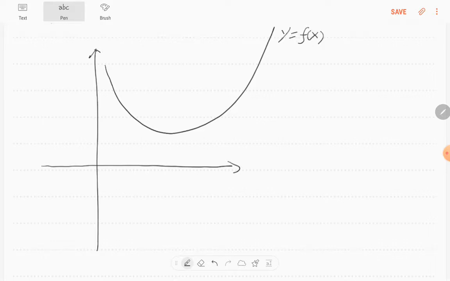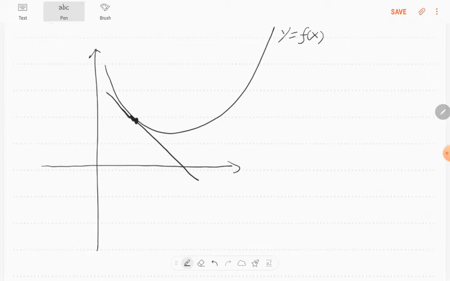We have a point here on the curve, and there is a tangent line. The tangent line touches the curve at this point, and we want to know the slope of this tangent line.